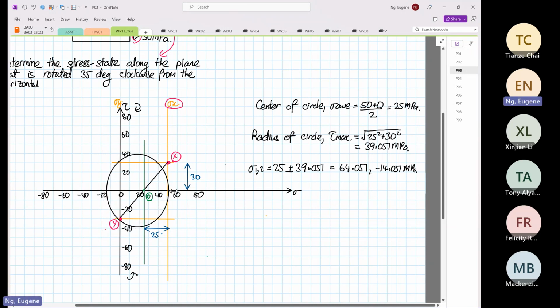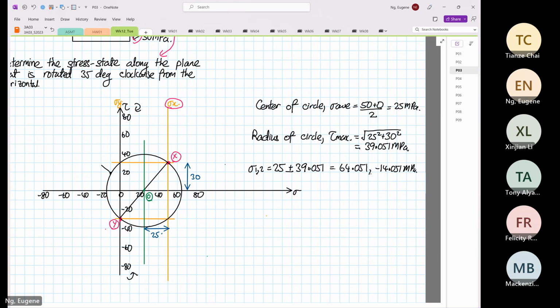And the other side is 64. Okay. So this is your XY plane Mohr circle. Okay. Right. So this part is done.